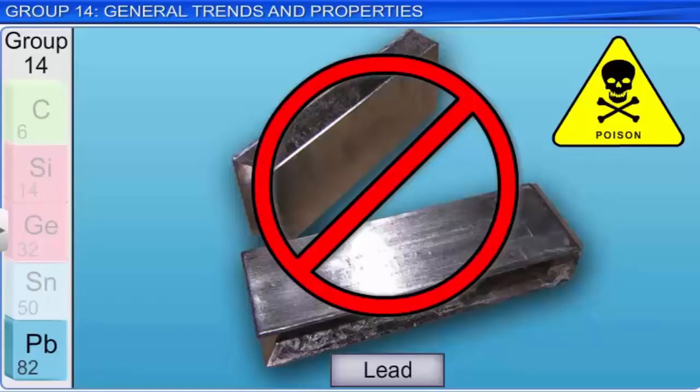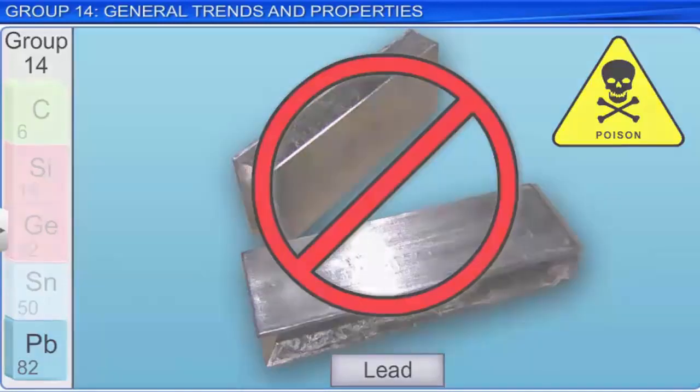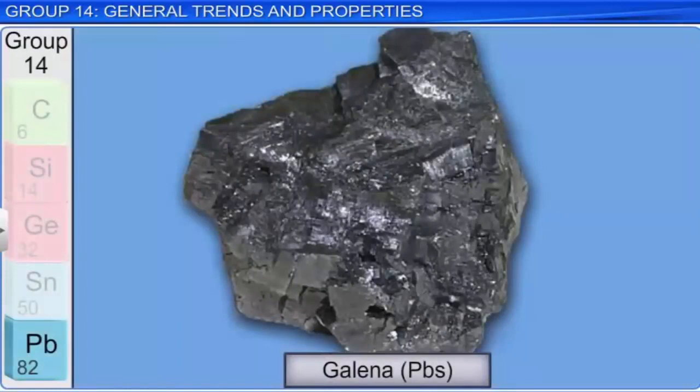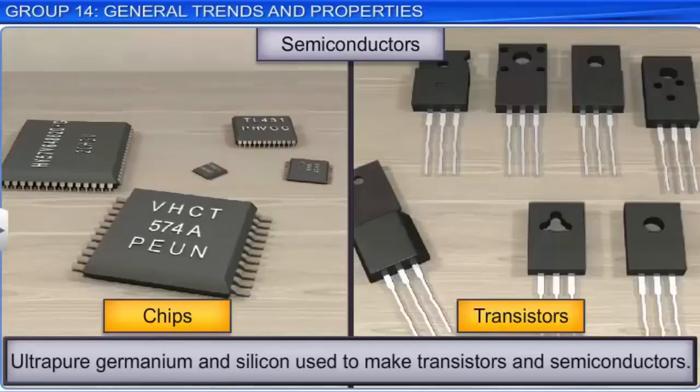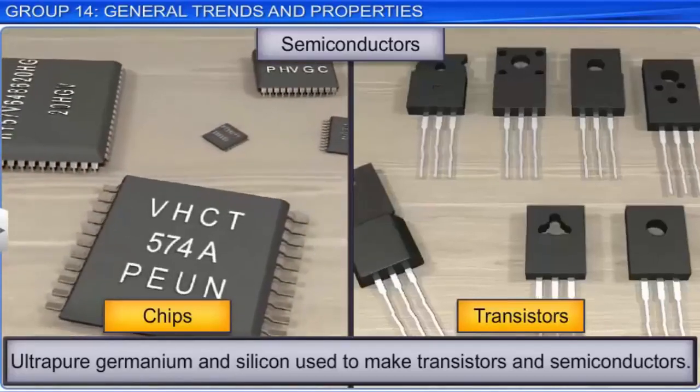Lead occurs in nature mostly as galena, which has the chemical formula PbS. Both germanium and silicon are important semiconductor materials. Ultra-pure samples are used to manufacture transistors and semiconductors.